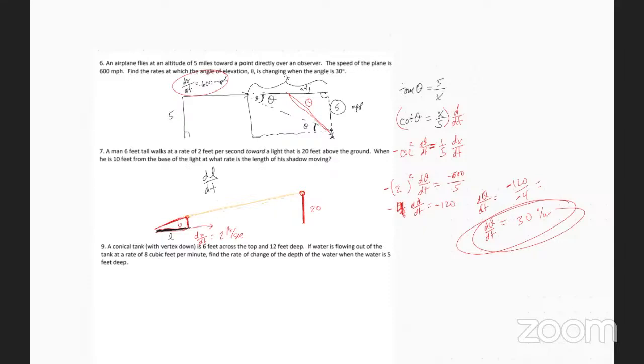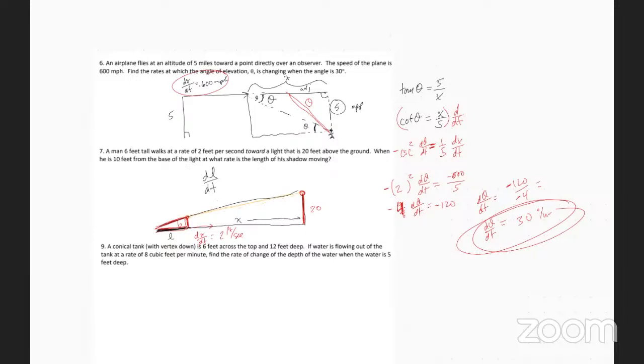So these two triangles are similar triangles. This black one that I'm drawing in here is similar to the red one, the small red one, right? Those are similar triangles. So let's call this distance here X. X is from the man to the base, right? Got it?